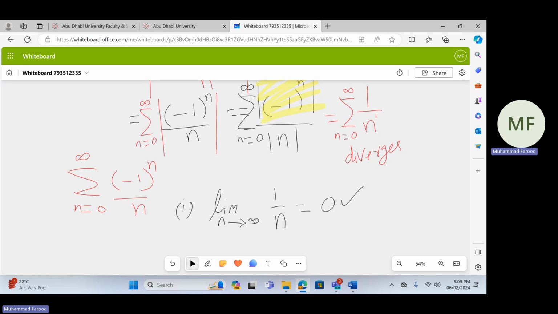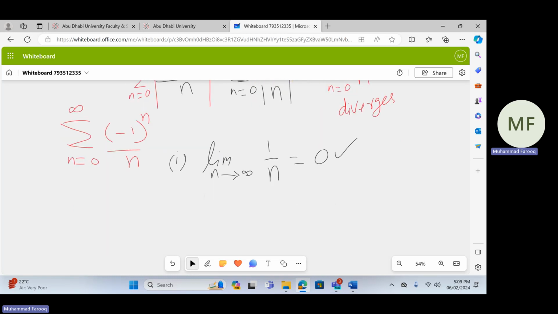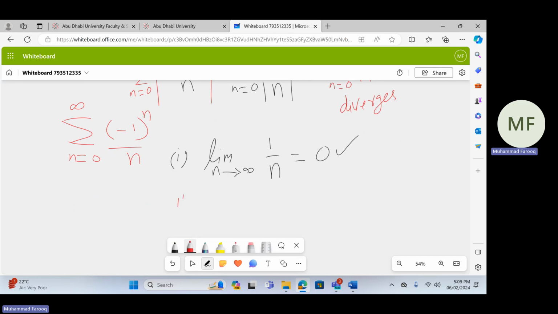So for the decreasing part, this is the shortcut. The shortcut is that you just check: this is my sequence which I have to use. Is the next value less than the previous? Start with 0, then put 1.